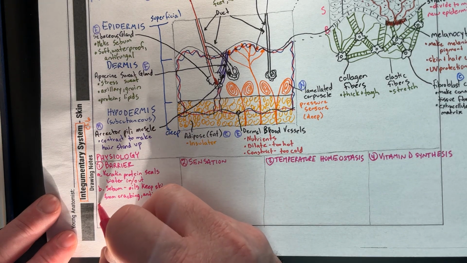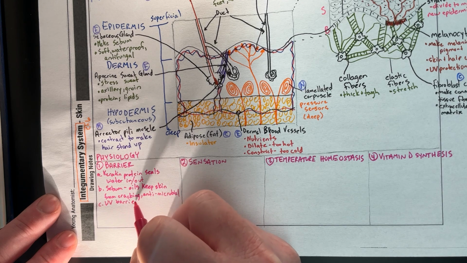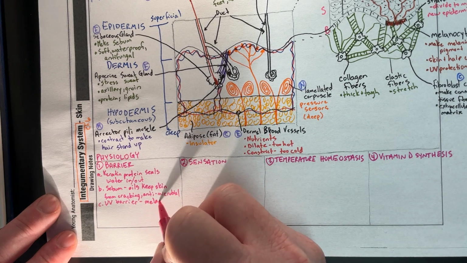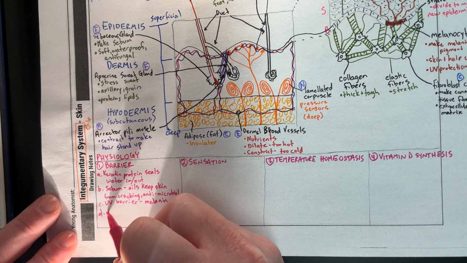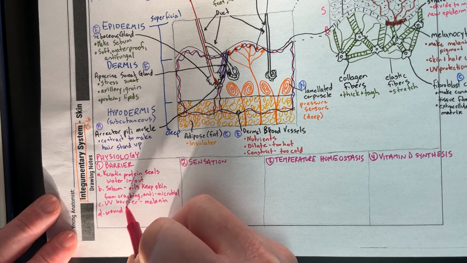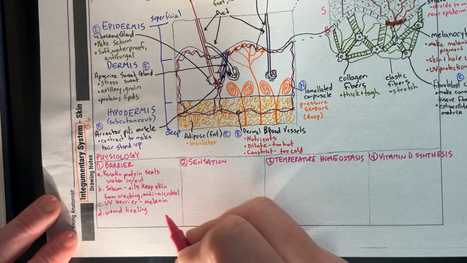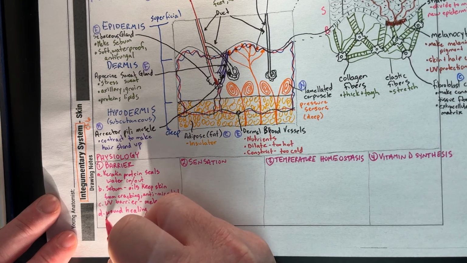All right, your skin is a barrier for UV, a UV barrier, thanks to those melanocytes making melanin. And then last, your skin is really good at wound healing. And the reason why is because of your stratum basale.